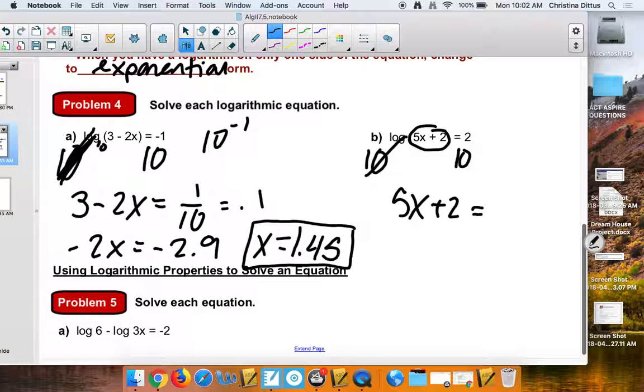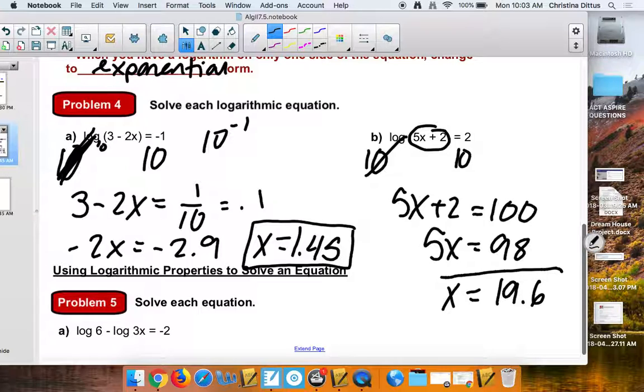On the right-hand side, I have 10 to the power of 2, which is 100. Subtract 2, so I have 5x equals 98. So x is 19.6. Very good. Whenever you have a log by itself on one side of the equation, take 10 to that power and they cancel. Just don't forget that what you do on one side, you have to do the other.